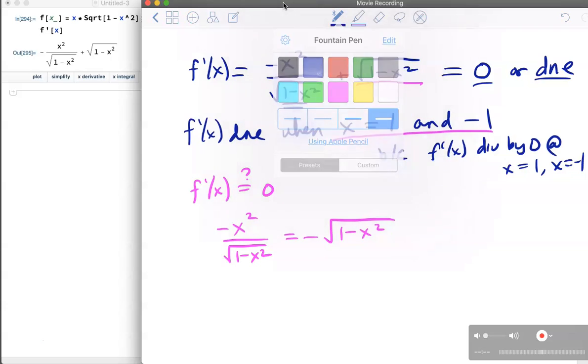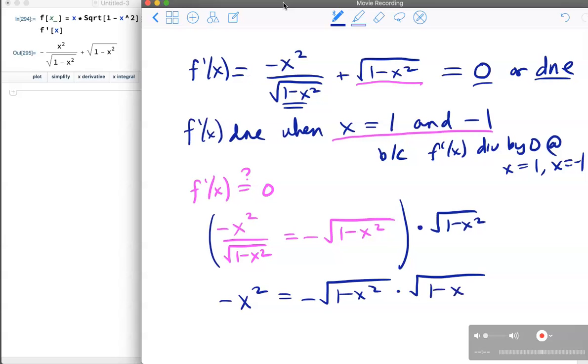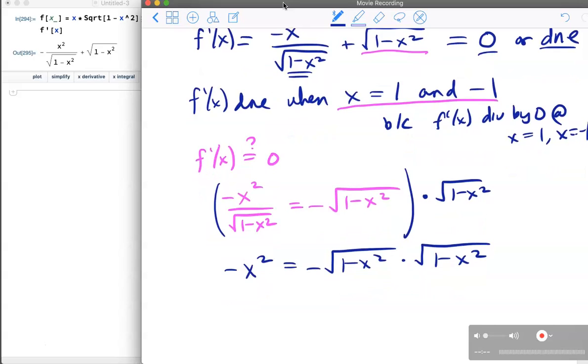Now, I'm really not a fan of all these fractions and square roots, so I'm going to multiply both sides by the square root of 1 minus x squared to give negative x squared is equal to negative square root of 1 minus x squared multiplied by the square root of 1 minus x squared. So this one and this one canceled, and now I need to multiply this out on the other side to get negative 1 minus x squared.